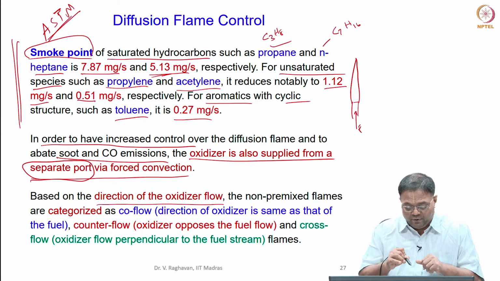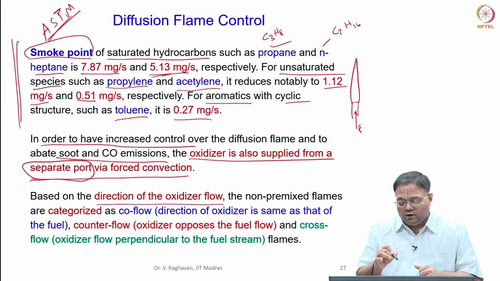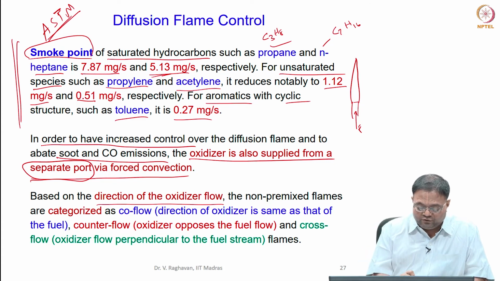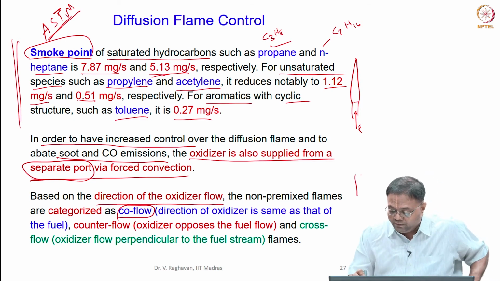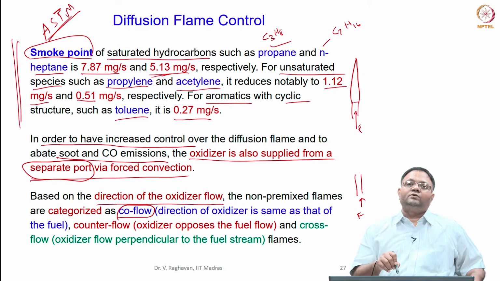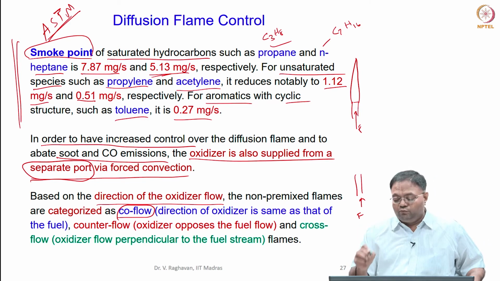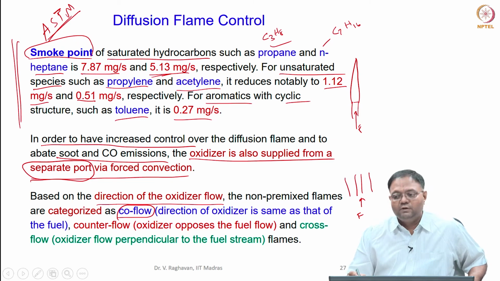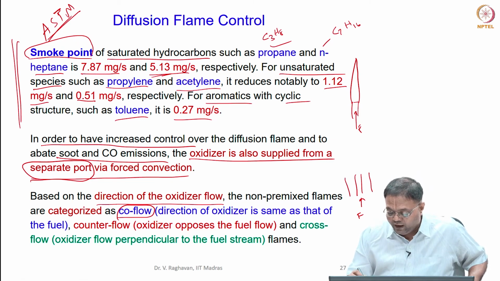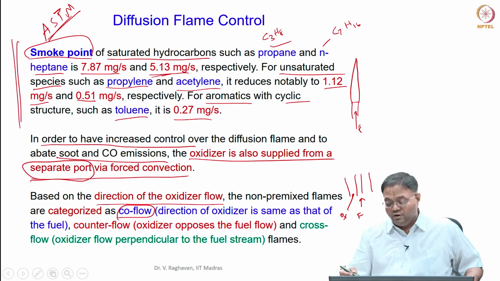Now, based upon the direction of the oxygen flow, we will categorize the configurations of the diffusion flame. First is co-flow. Fuel is supplied here, and oxygen is also supplied in the same direction as that of the fuel. So I will have another port which is annular to this, and I will supply oxidizer here, air or oxidizer, whatever.